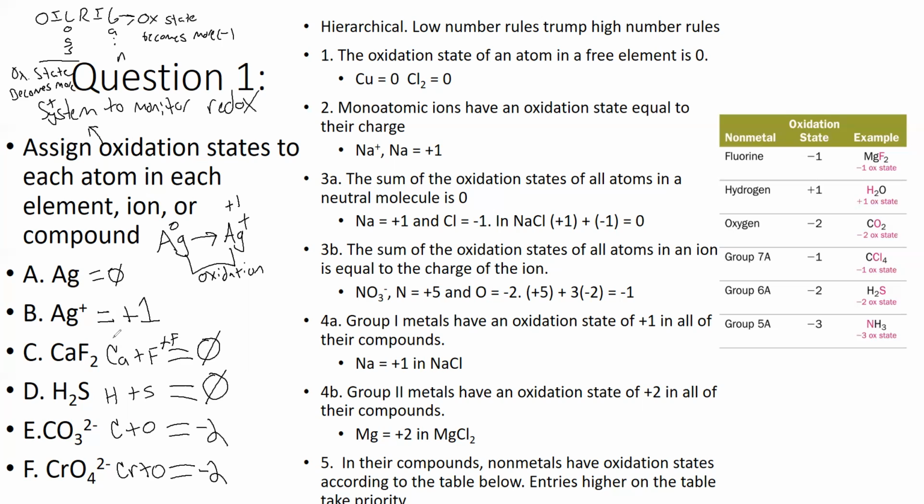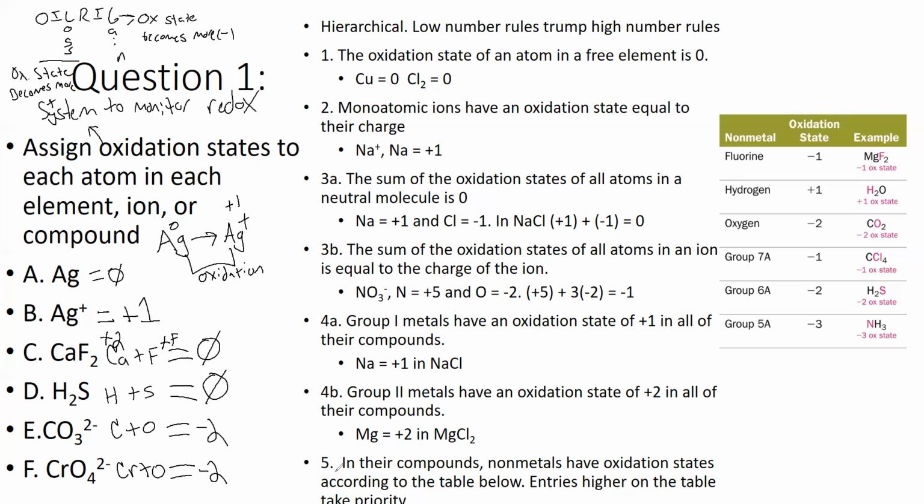So it's a group 2 metal, and we know it has an oxidation state of +2. So for this equation, we have +2 plus F equals 0. All we have to do for C now is to figure out what F is. For the other ones, we have not gotten through their rules yet.